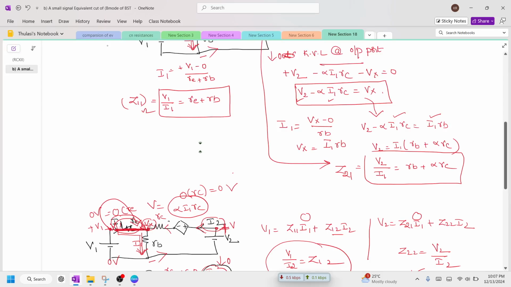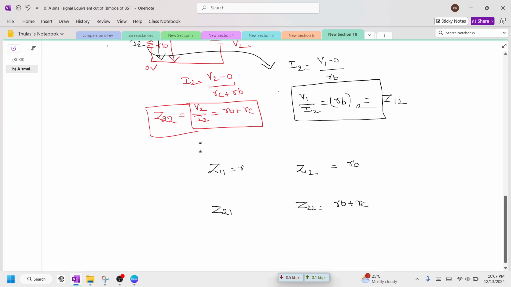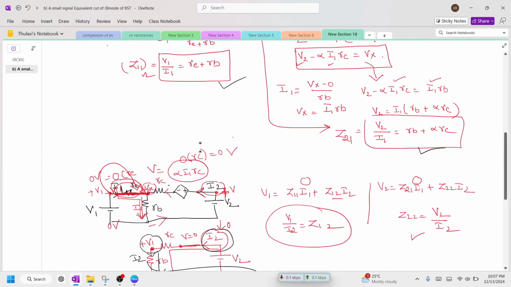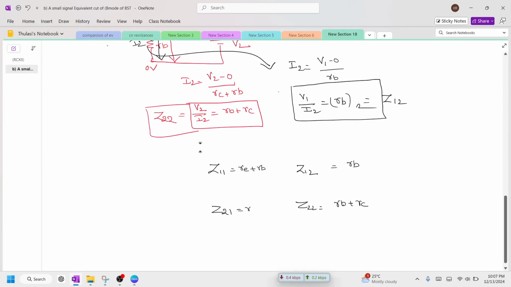The value of Z11 is RE plus RB. And Z21 is RB plus alpha RC. This is very important when you solve multiple problems. So these are the ultimate Z equations.